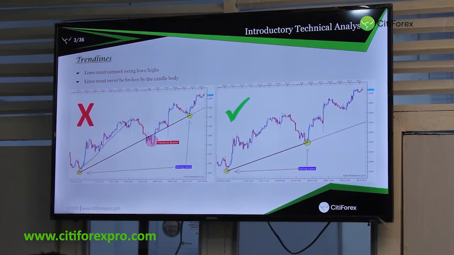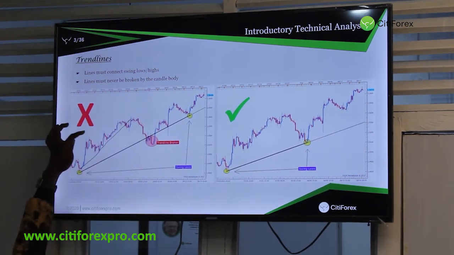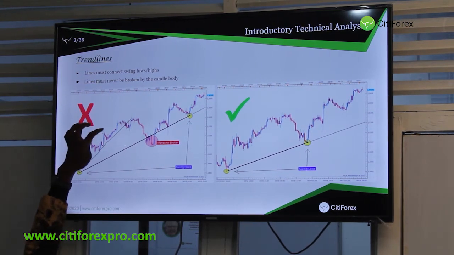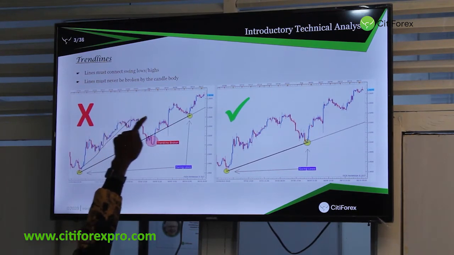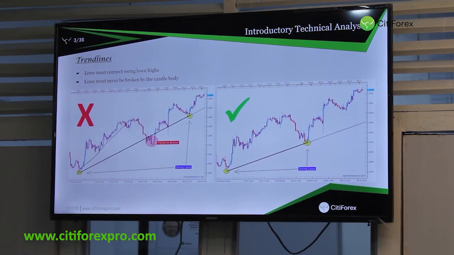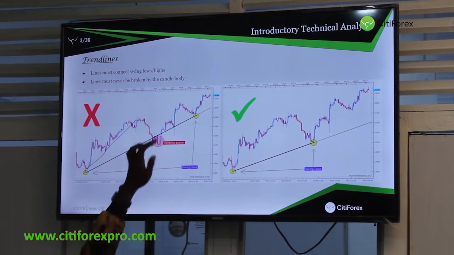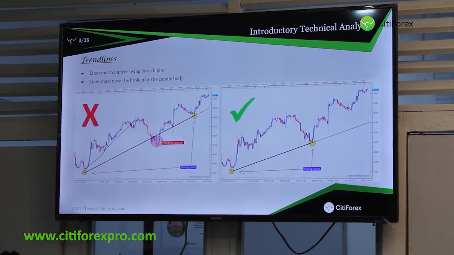Do you understand? If it is just something like this wick here, that went high and just turned back, it's not a swing high yet. So it has to be the body of the candle. It's the body of the candle that makes it valid.